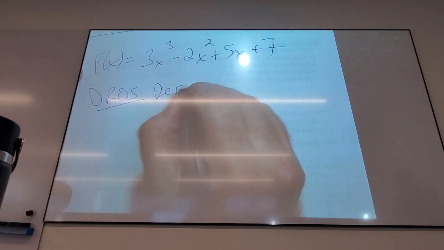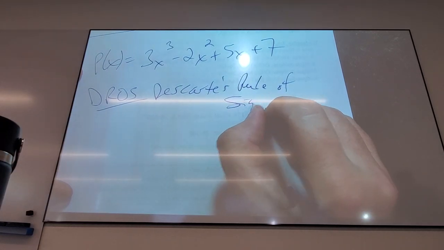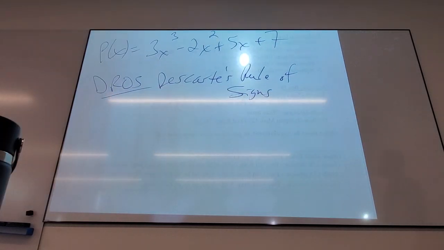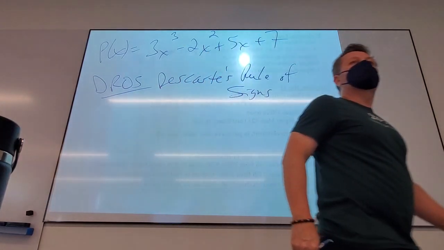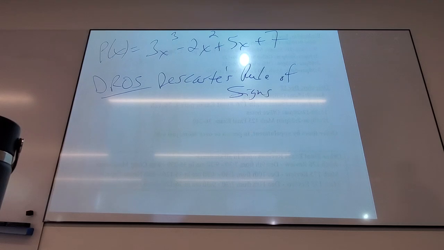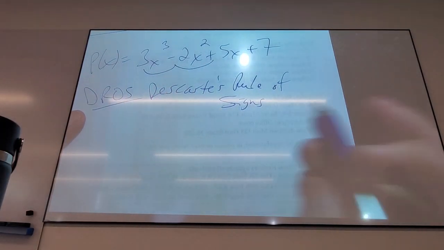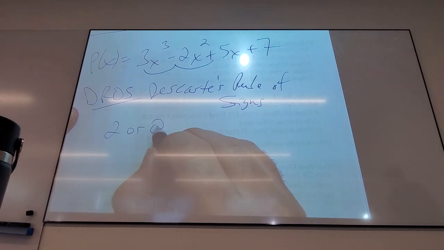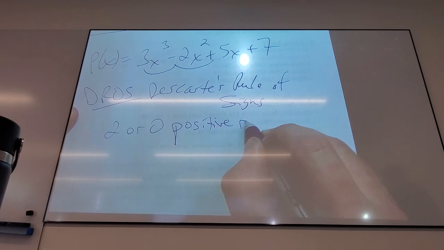Does anyone remember? 2 or 0 positive. There's 2 sign changes, so 2 or 0 positive real roots. That's right.